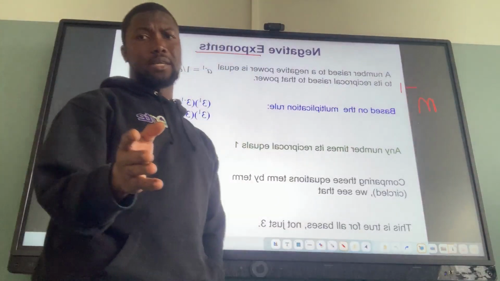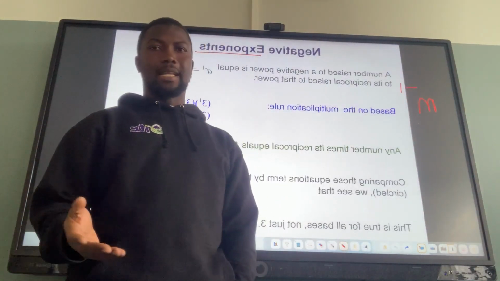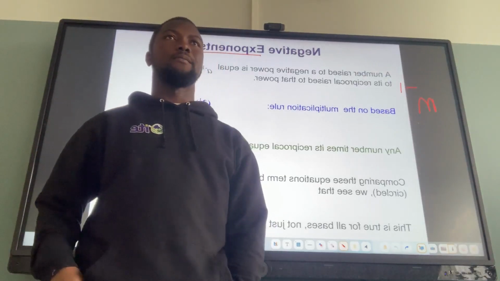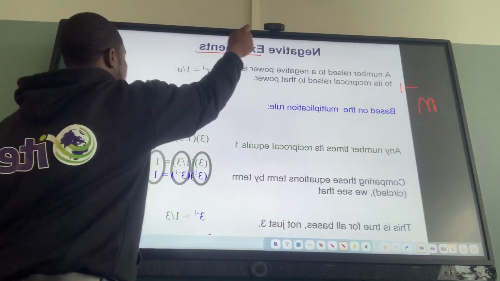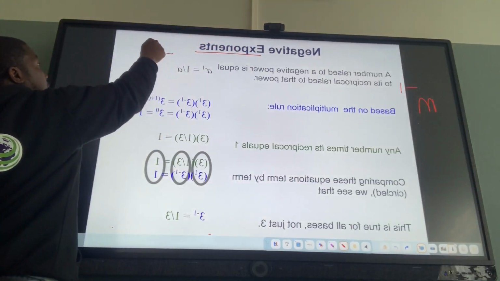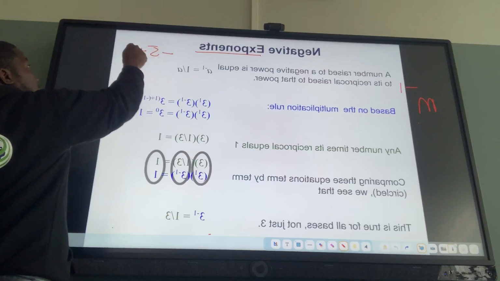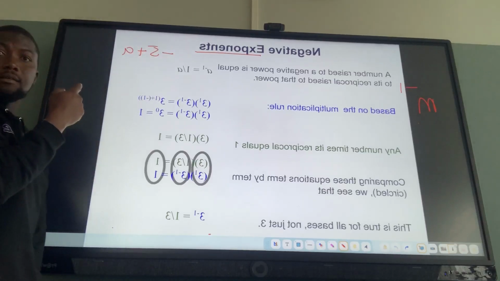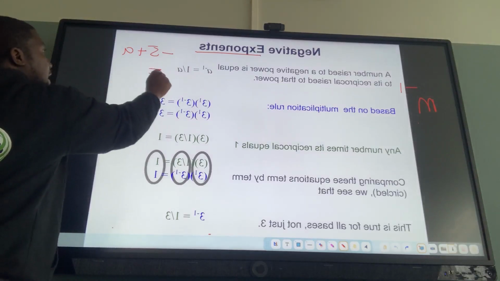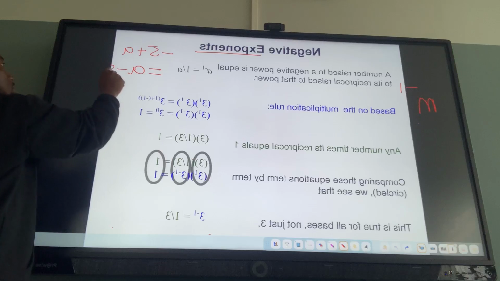A little bit about negative. Mathematically, if something is negative, it's not simplified. If you write this expression, for example, minus 5 plus a, mathematically, this is not simplified. Minus 5 plus a, to simplify that, you write a minus 5.